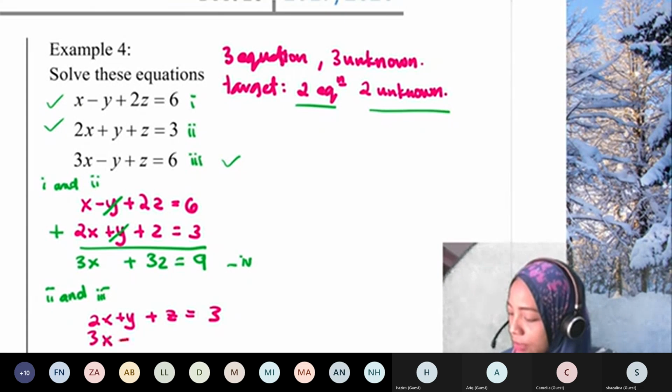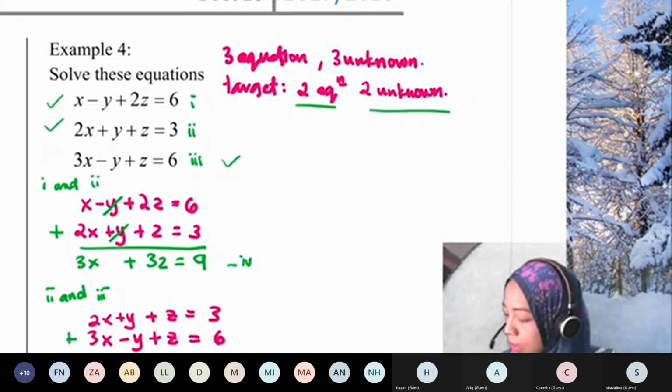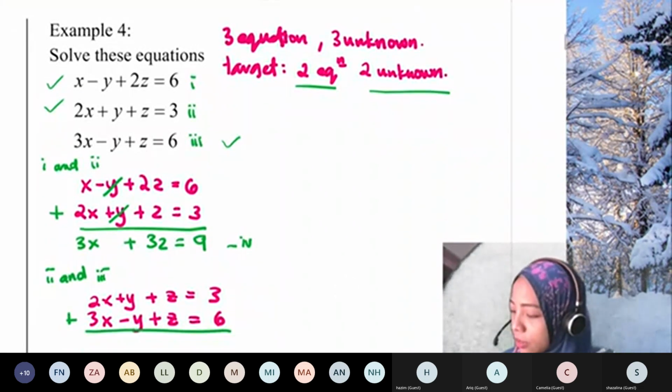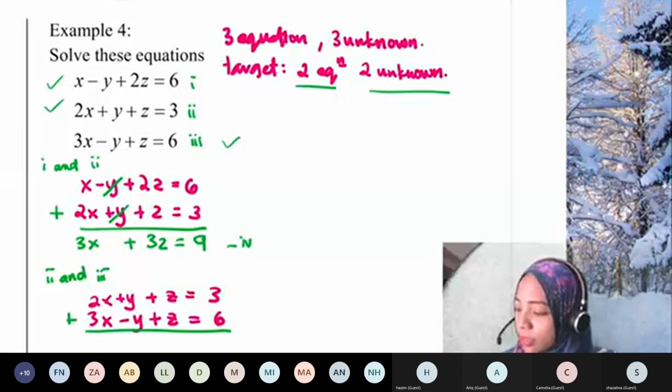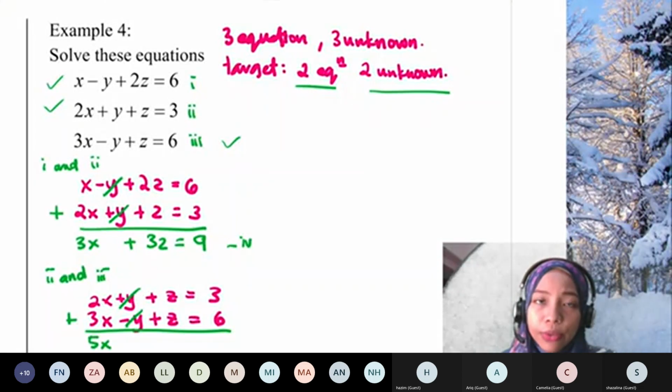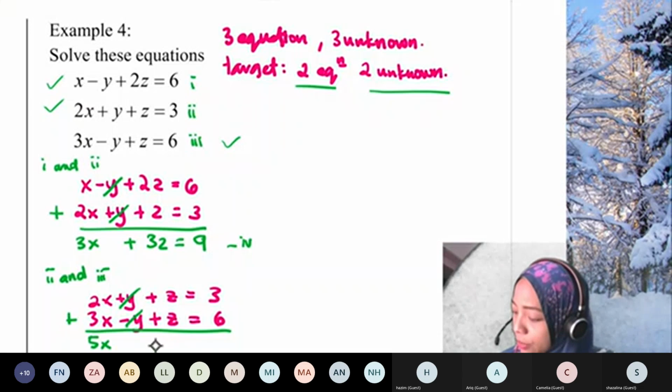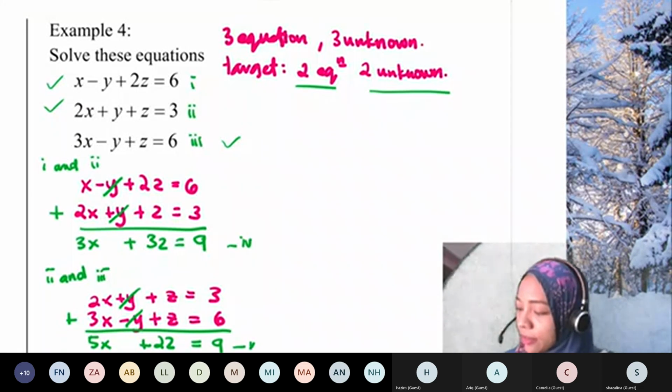And then you have 3x minus y plus z equals 6. Check my calculation. Plus with. Okay, do this together. 2x plus 3x, we get 5x. Plus minus, we cancel out, you get 0. z plus z, you get 2z. 3 plus 6, you get 9. So now you have the fifth equation.